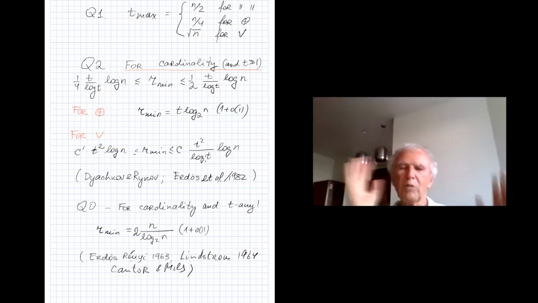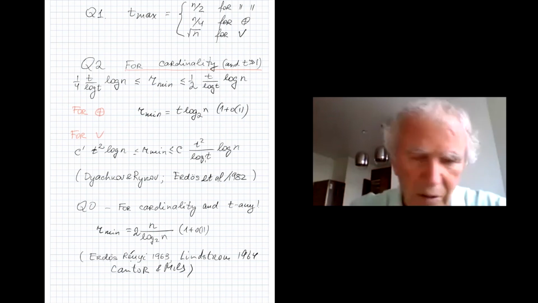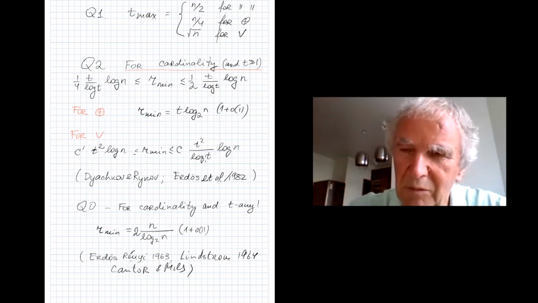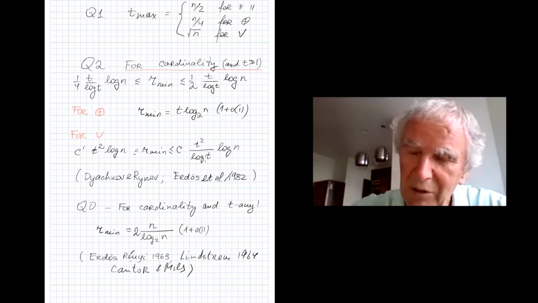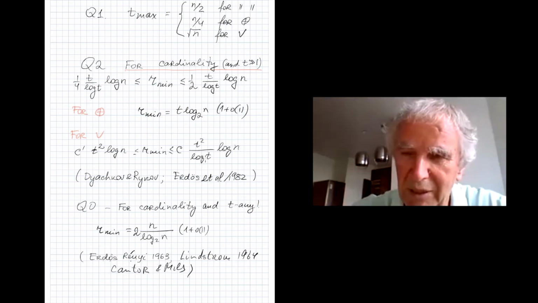So it's still open. Moreover, the experience which we have from coding theory is that usually the random coding bound appears to be tight. But in most interesting cases, we don't know if they are tight or if the non-existence bounds are tight.